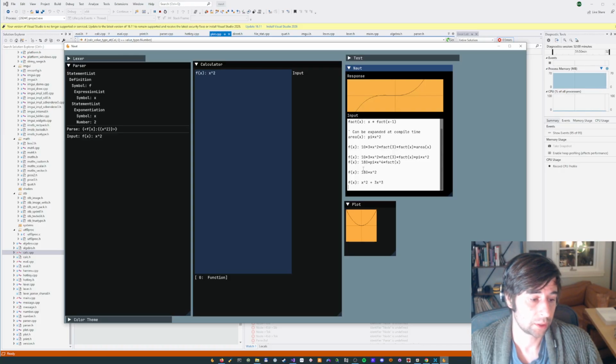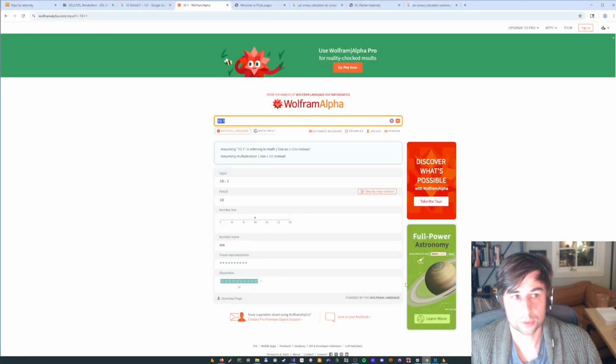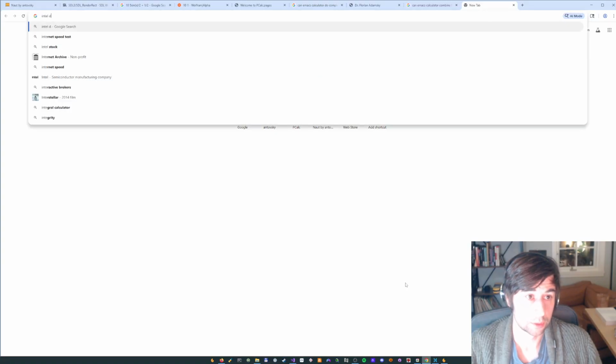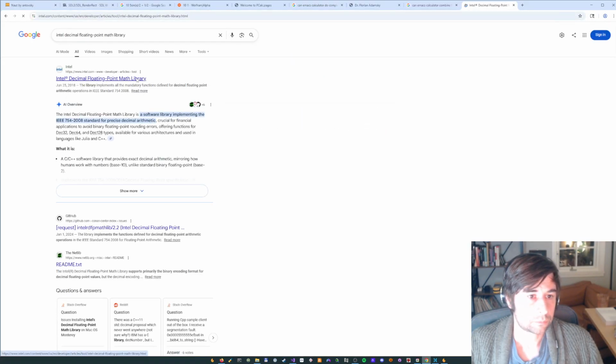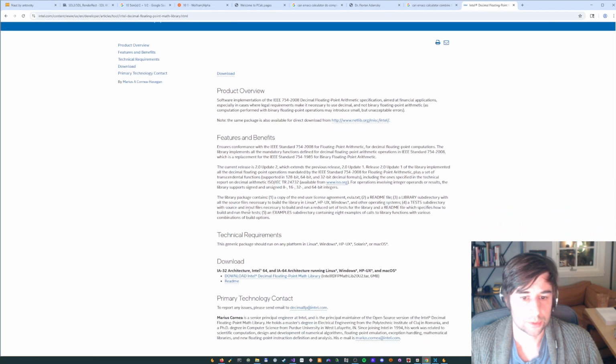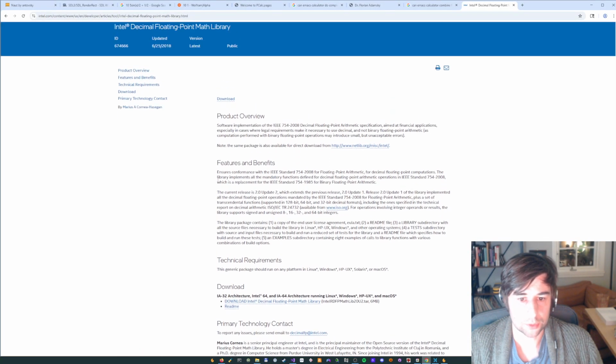Algebraically or numerically. The solver would be numeric, but if you have a symbolic system, maybe it can do some of it algebraically. And I think numerically is straightforward. One of the things I was also going to use is this Intel decimal floating point math library. If you've seen this, it's basically a software floating point, but in decimal.